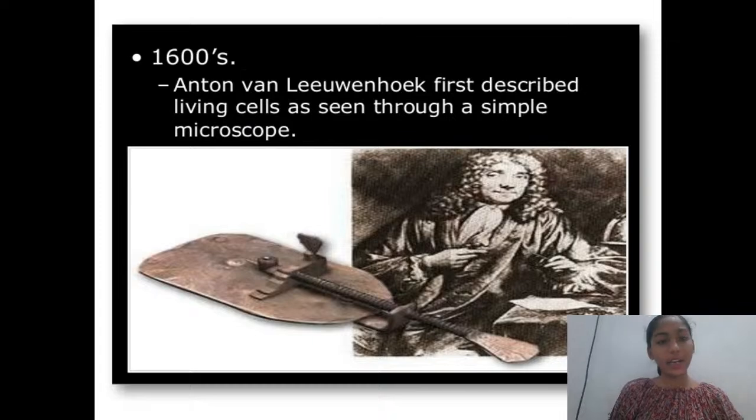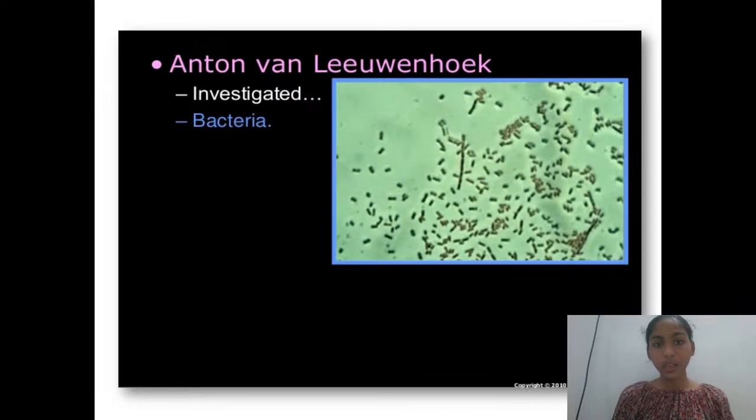In 1600, Anton van Leeuwenhoek first discovered living cells as seen through a simple microscope. He is another scientist who has described living cells. He investigated bacteria, and we have learned about him in 8th class also.